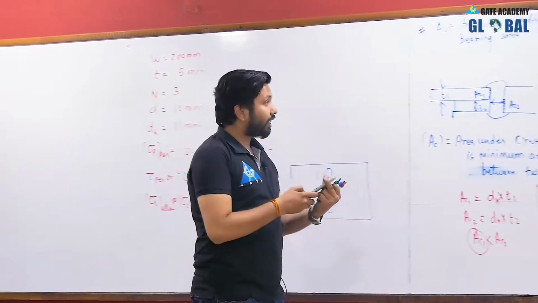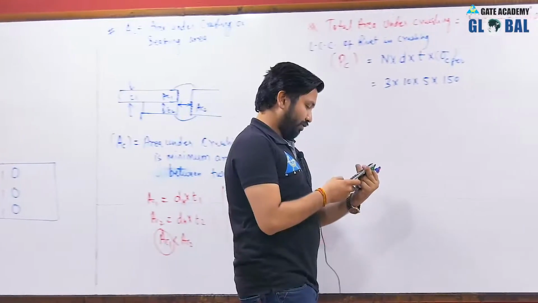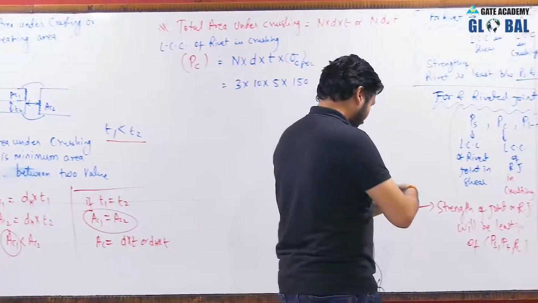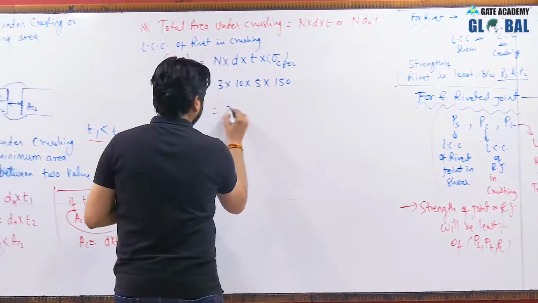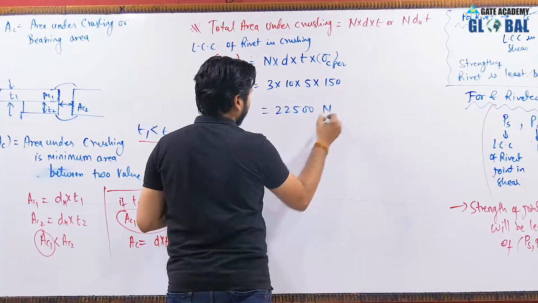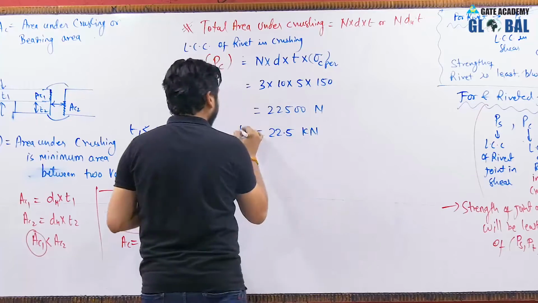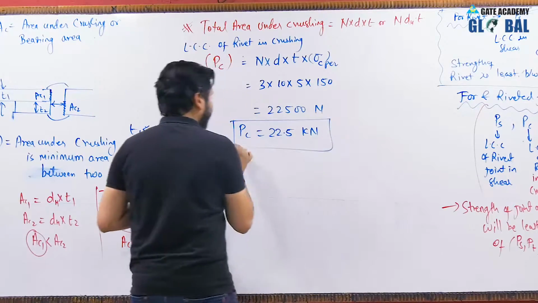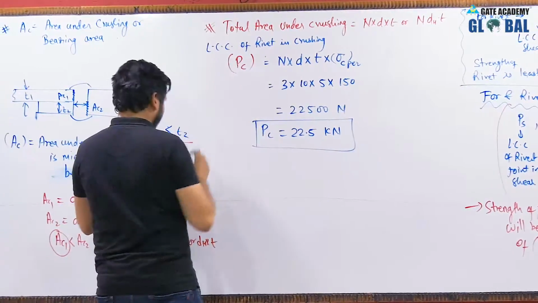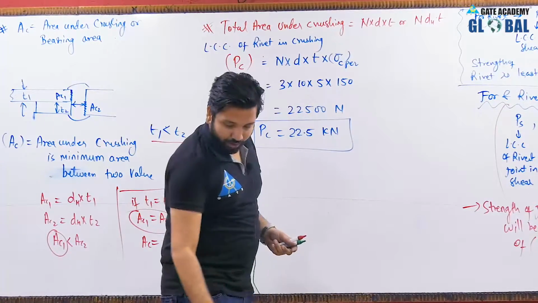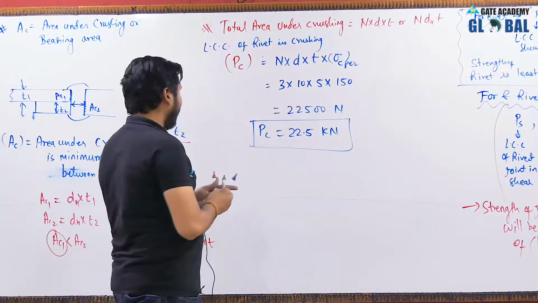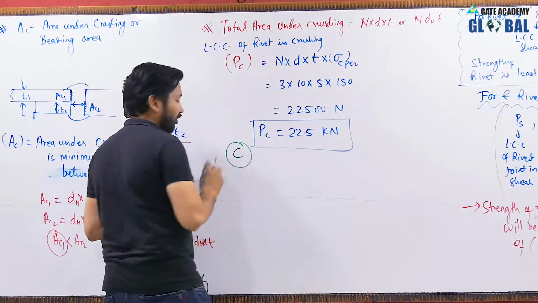So this is 3 into 10 into 5 into 150. So this is 22,500 Newton. That means that is 22.5 kilonewton is the load carrying capacity in crushing, okay. So according to our answer, option number C will be the right choice. So option number C is the correct option, okay.